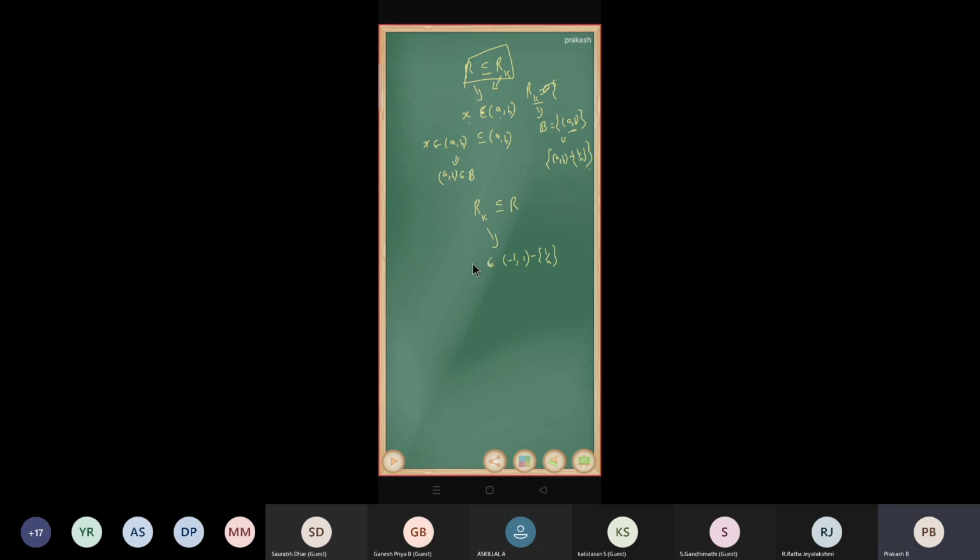And an element 0. I'm going to take an element 0, right? Now you want to bring an element from R, that is from the basis corresponding to R, right? So if you bring an open interval which contains 0, it is a neighborhood of 0, right? It is a neighborhood of 0.